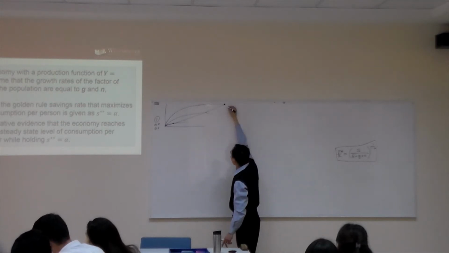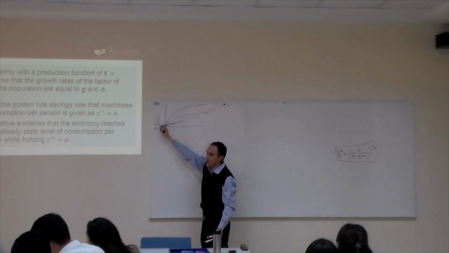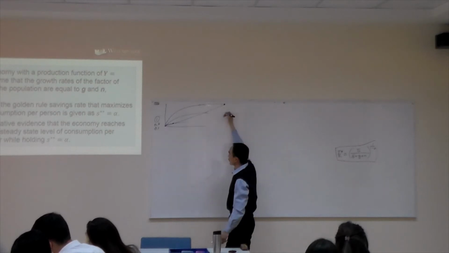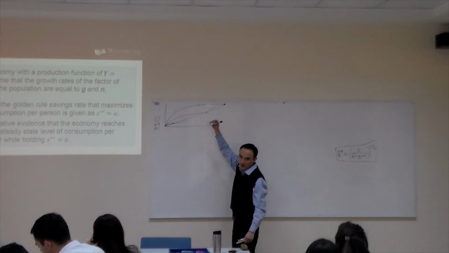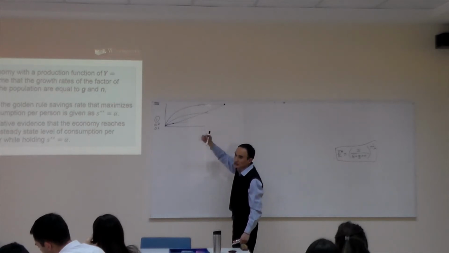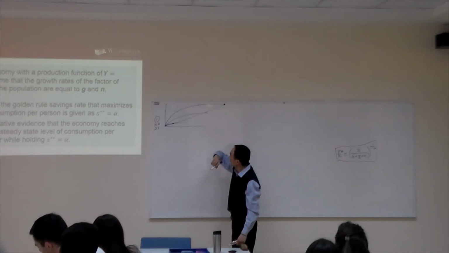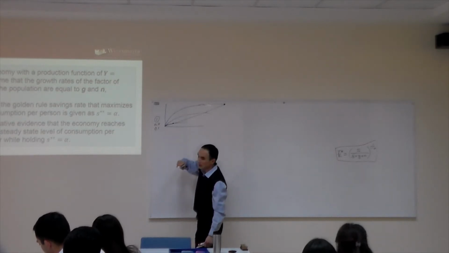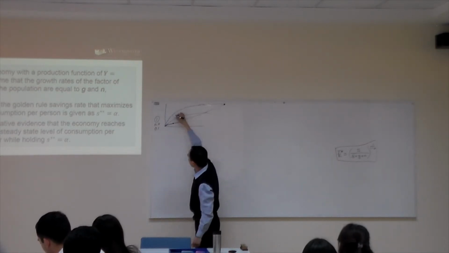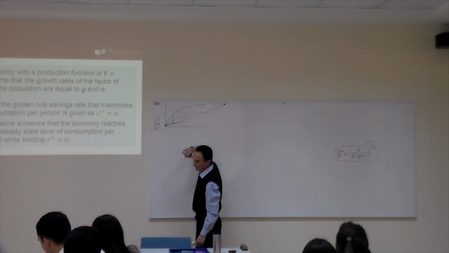But this maximum output requires 100% investment, which means there is no consumption, which is totally not interesting for us, okay? What is really interesting for people is consumption, okay? So you can see, if investment is low, consumption is somewhere here.